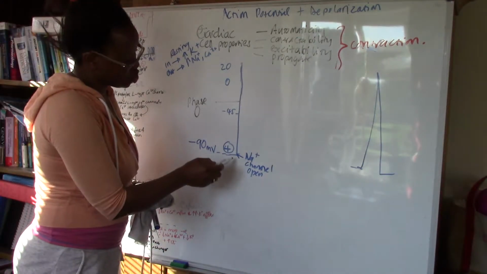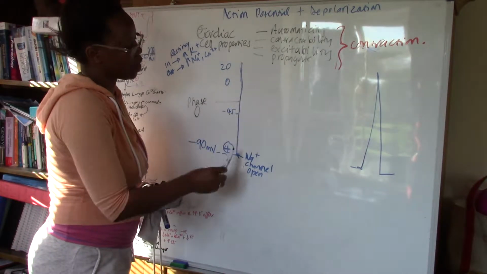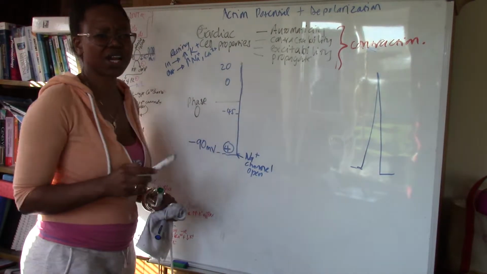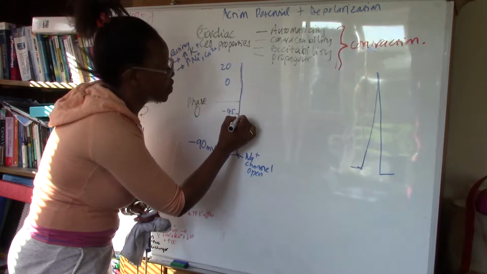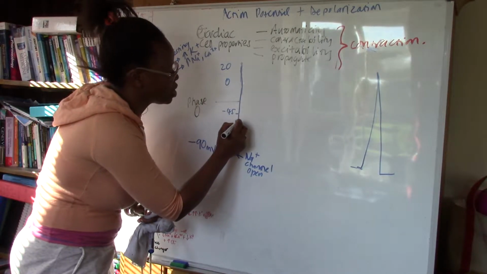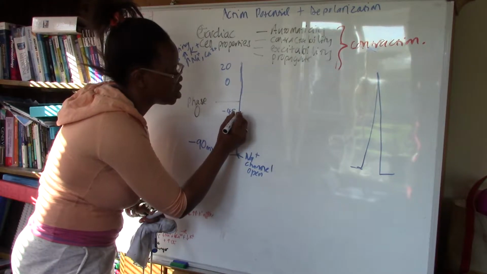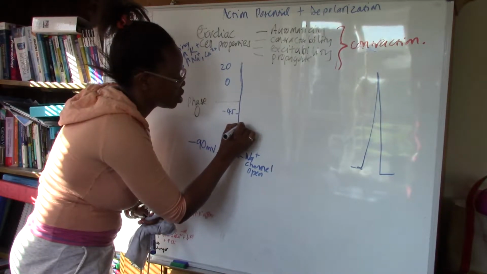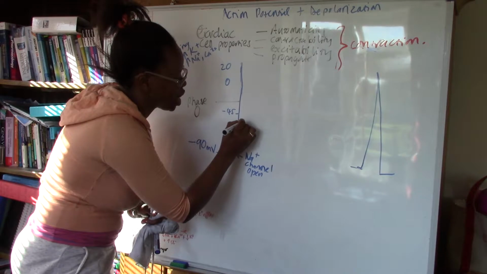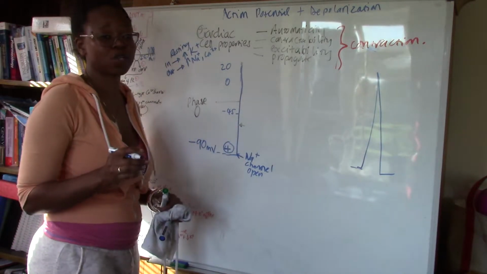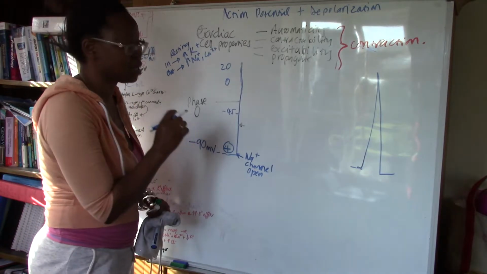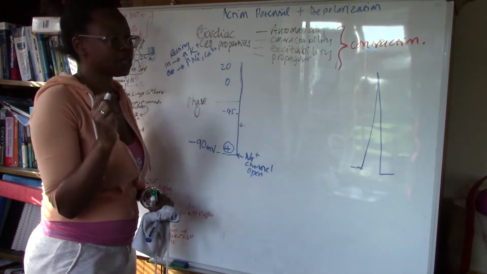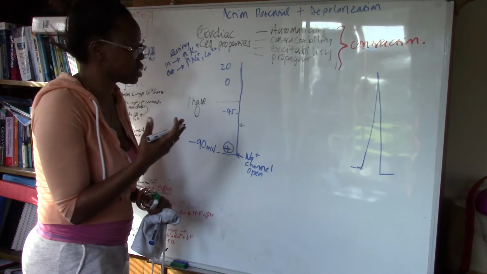So during that quick depolarization, when we reach, I can't remember if it's minus 20 or minus 40, the calcium channels will start to open as well. These are the long-acting calcium channels to let calcium into the cell.